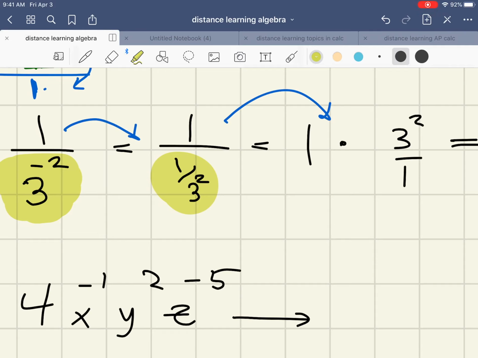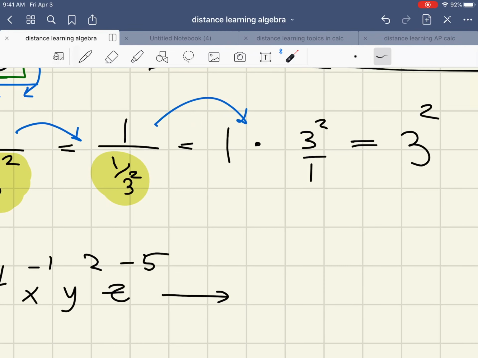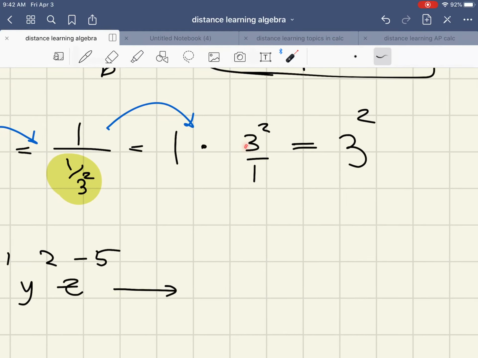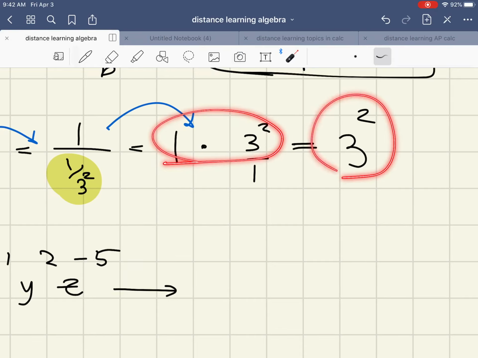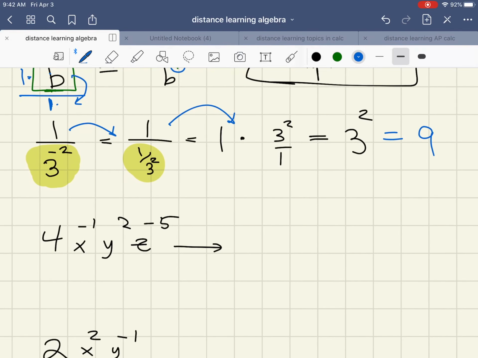So in that case, we would have a fraction within our fraction. So we have 1 divided by a fraction. We're going to multiply the numerator by the reciprocal of the denominator. And then 3 squared times 1 is just 3 squared. So we would finish that off by squaring the 3 and get 9. So 3 to the negative 2.